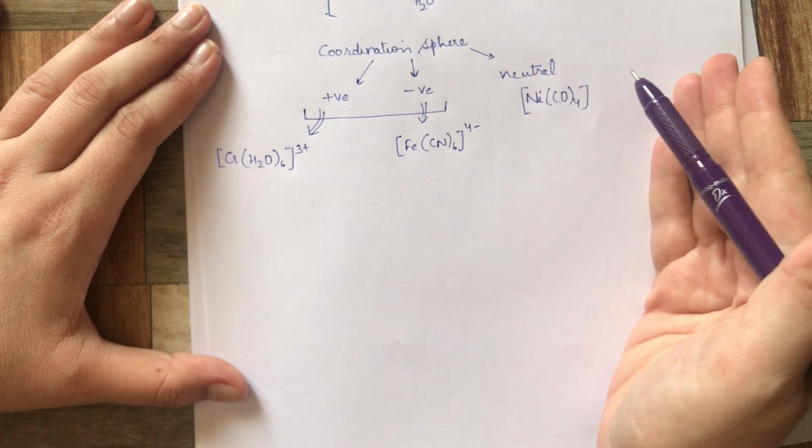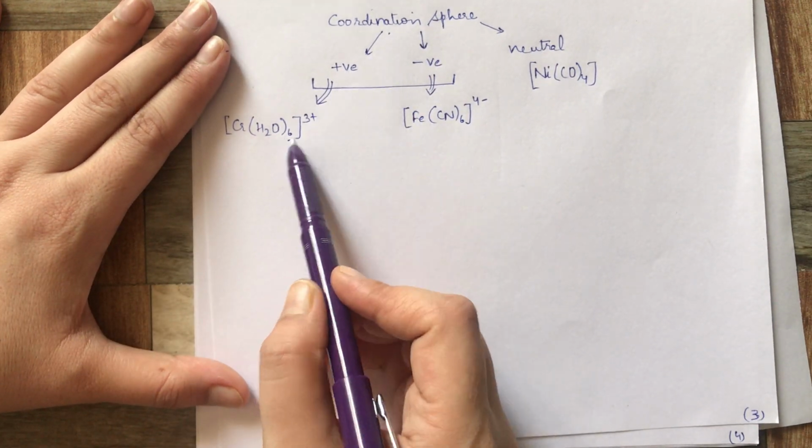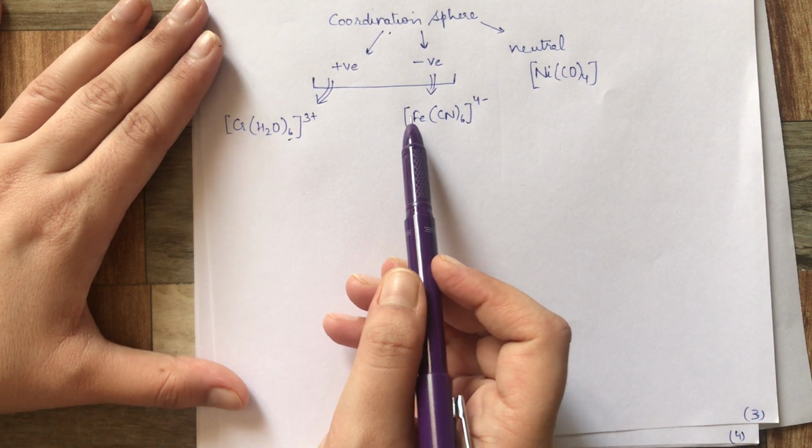So we will keep it aside. Now let's come to the positive and negative coordination spheres.